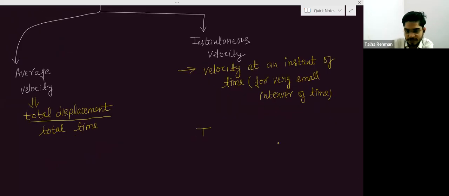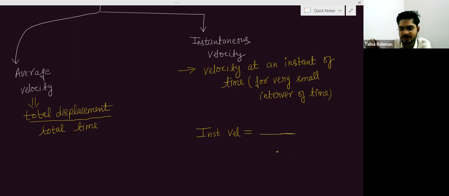For instantaneous velocity, you will write the velocity at that instant of time. That velocity will be the instantaneous displacement covered by the body divided by the time.